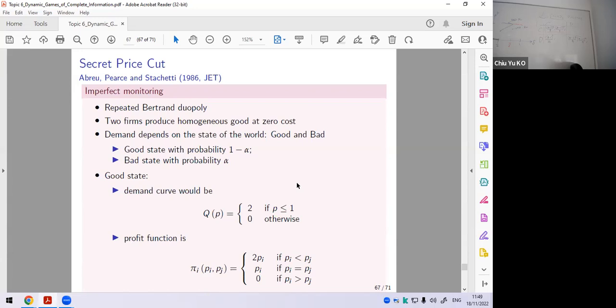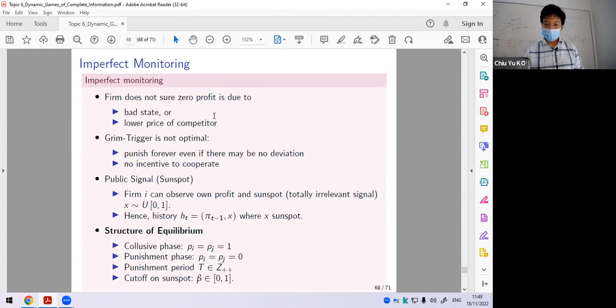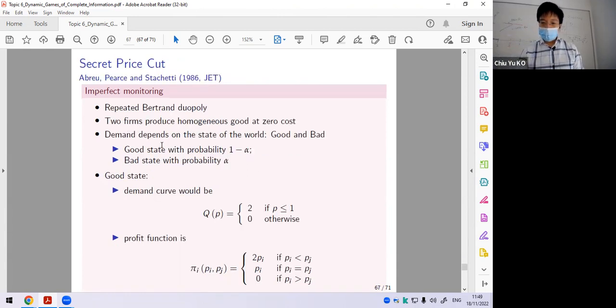Even easier, because the only difference of this model compared to before is that the firm cannot observe the state of the world. What do you mean by that? If I got zero profit, I don't know whether it is because the world is bad or the opponent cut the price.